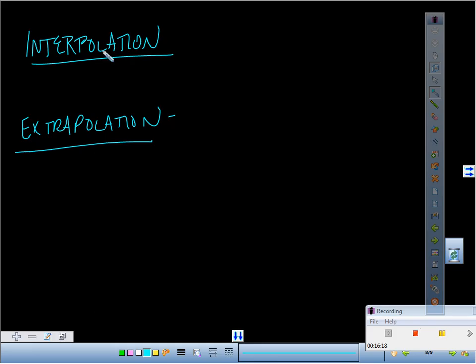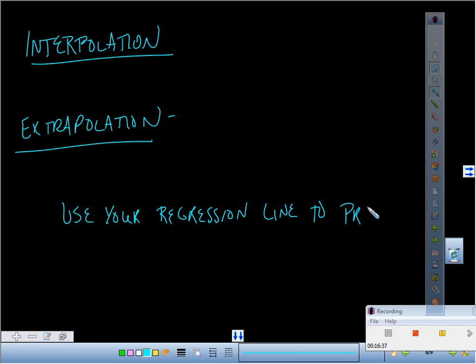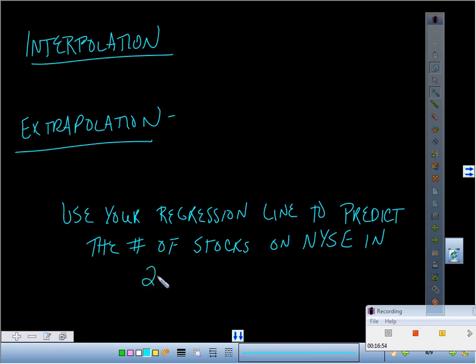If I said use your regression line to predict the number of stocks on the New York Stock Exchange in 2008, what would I be doing?